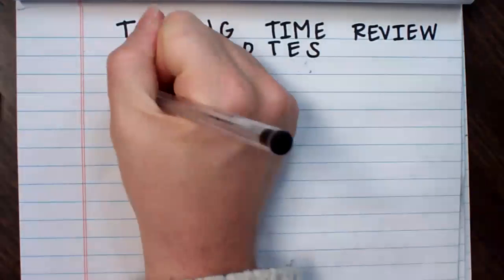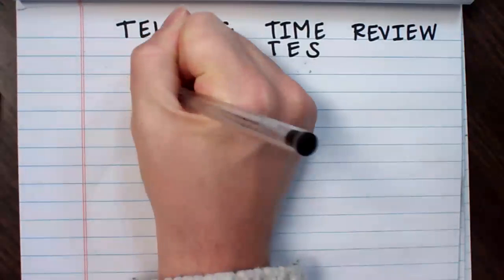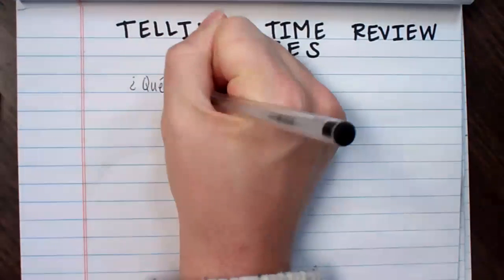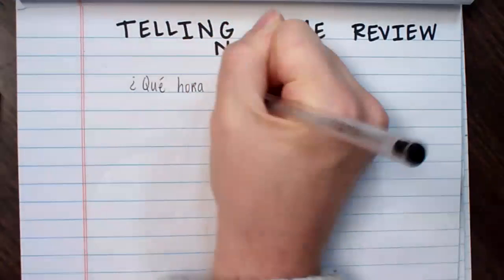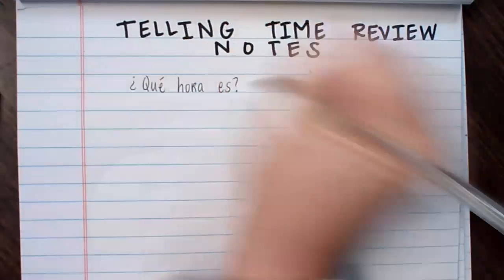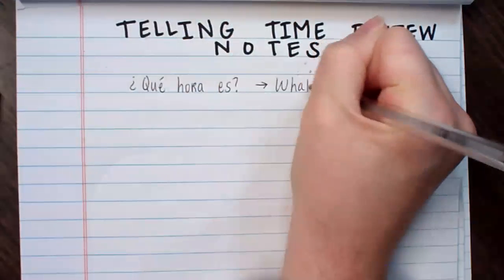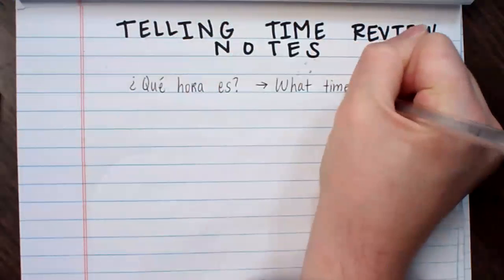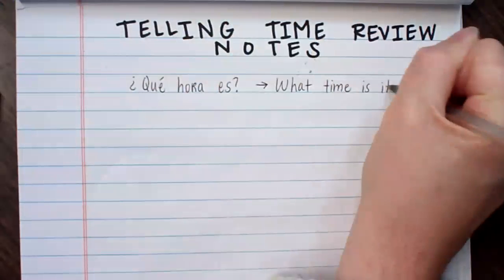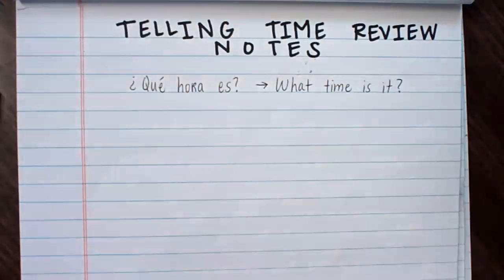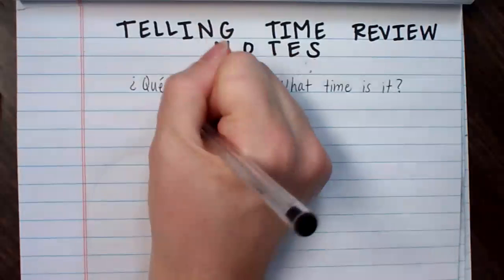So the most basic place to begin is with the question, ¿Qué hora es? And this is simply, what time is it? ¿Qué hora es? So in Spanish, there are two appropriate ways to respond to this question.